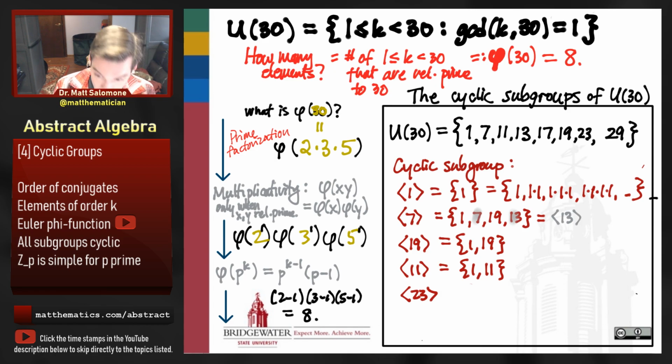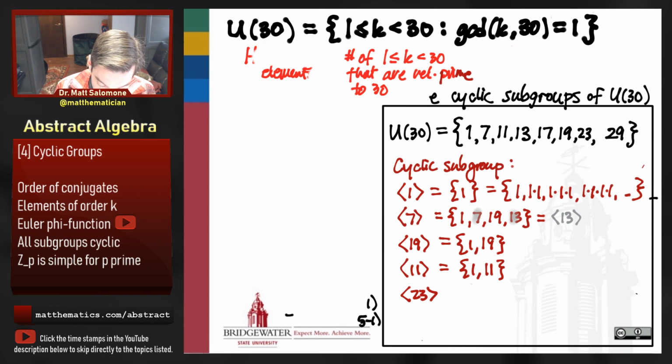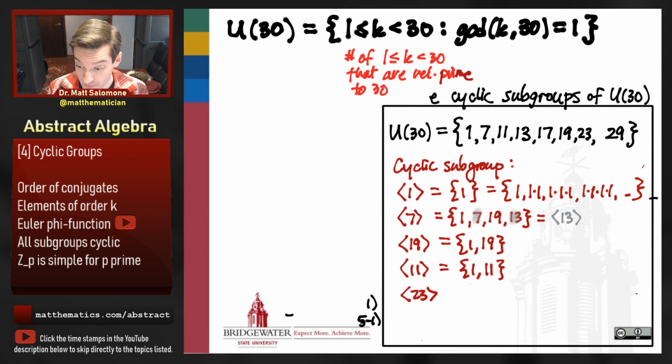Because I want to ask a related question before we finish talking about the Euler phi function. Let's also remember what the other abstract algebra meaning for the Euler phi function ends up being. So the Euler phi function counts the number of natural numbers less than n that are relatively prime to n on the one hand.